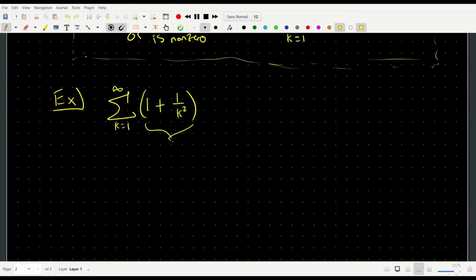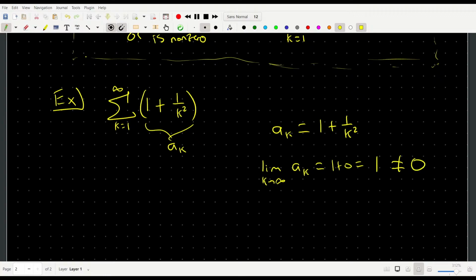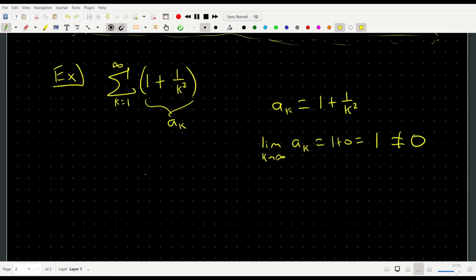For this series, the sequence that underlies it, a_k, is equal to 1 plus 1 over k squared, and the limit as k goes to infinity of a_k is equal to 1 plus 0, or 1, which is non-zero. So by the nth term test for divergence, because the terms in this series are not going to 0, we can immediately say that this series diverges.